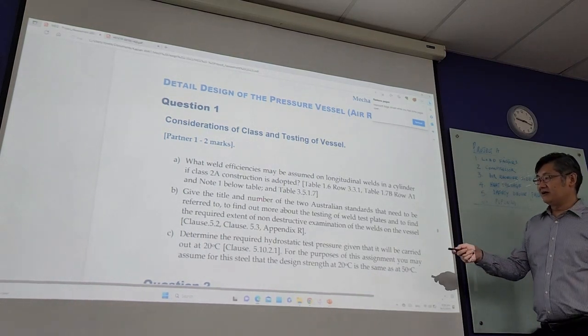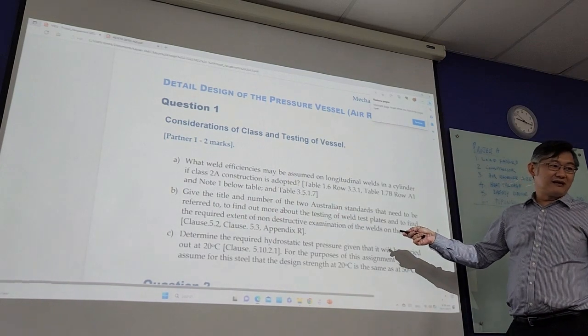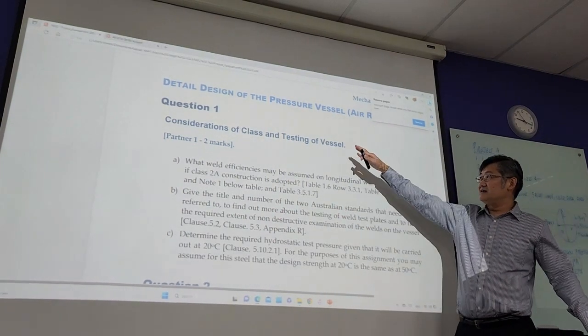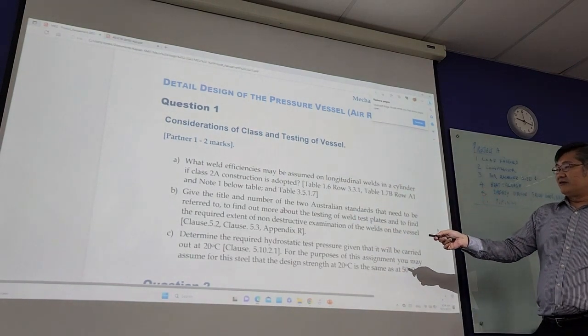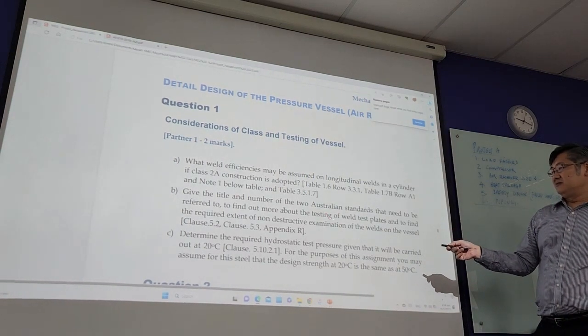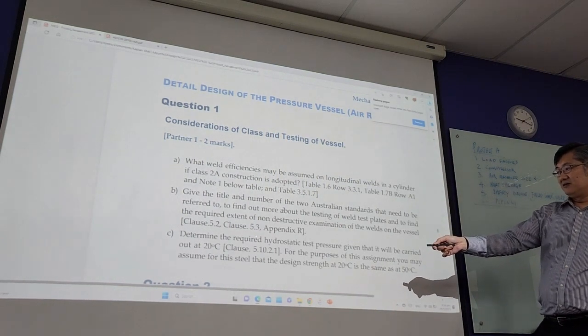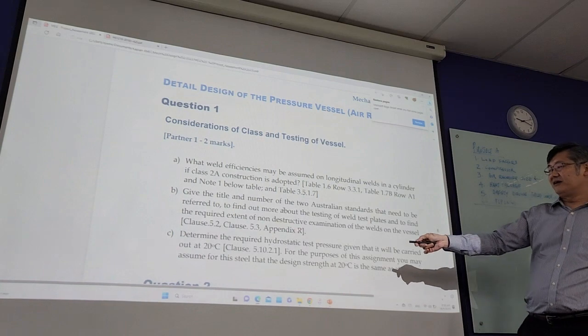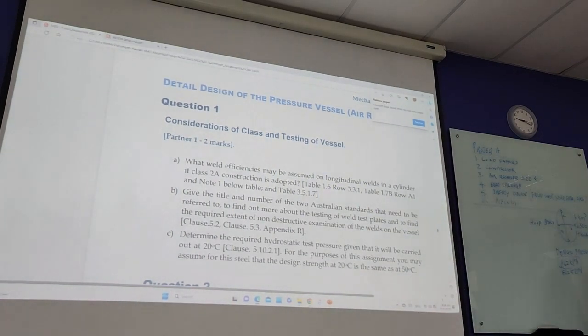This one I cannot tell you, very easy, you find yourself. One is AS 1210. Later on you will see what are the relevant Australian standards also used for the air receiver. You can find this out yourself: clause 5.2, clause 5.3, appendix R. This one is straightforward, you have to do a little bit of study yourself.